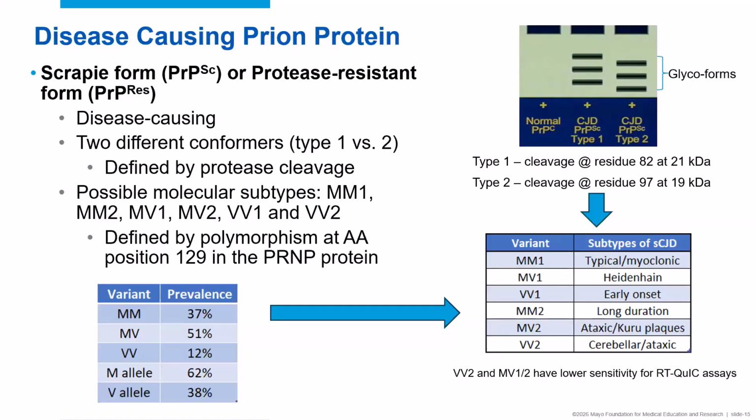In general, based on those polymorphisms, as well as whether or not the protein is glycosylated, there are 6 different subtypes, and these present clinically in unique ways. I will say also that some of these forms have a lower sensitivity for being picked up with RT-QuIC assays, particularly the VV2 and VV1 or VV2. Again, the 1 or 2 refers to the glycosylation pattern. The M and V refer to methionine and valine at position 129 in the protein.